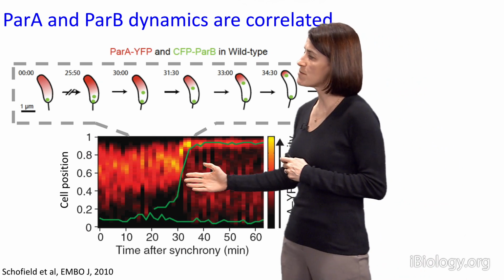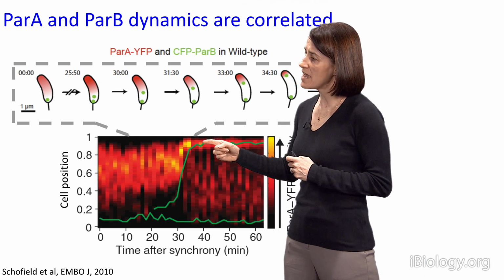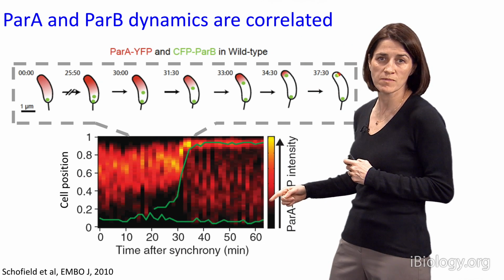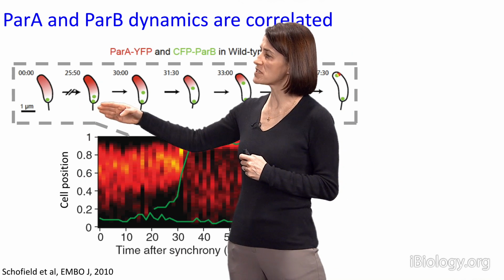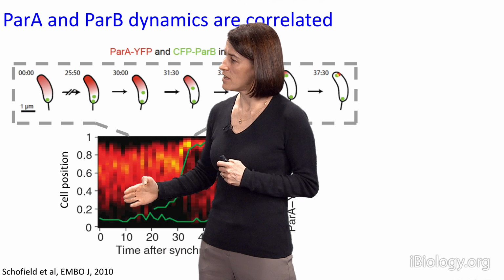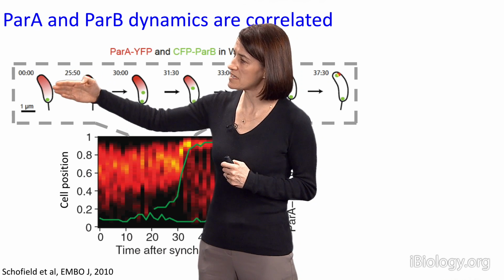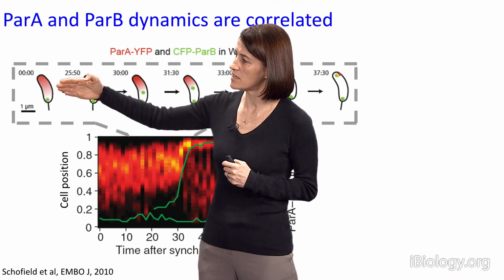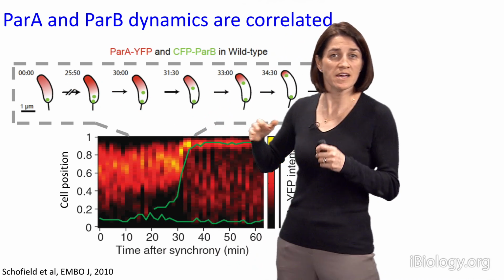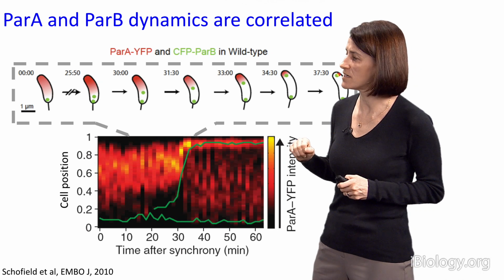This is a kymograph where we are looking at the ParA signal along the cell length over time. And just to help you here, we have the schematic. In the beginning, which is shown here, the ParA signal is basically across the cells, except where the partition complex is. As I'm going to show you in the next slide, it's actually forming a gradient.